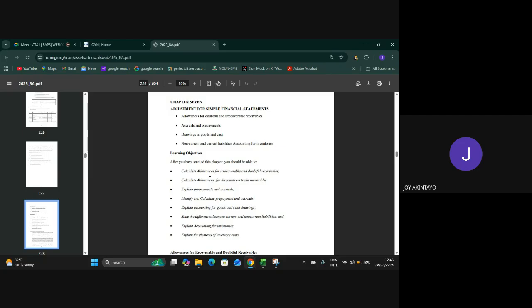Then we also look at allowance for discount on trade receivables. How do we account for allowance for discounts?